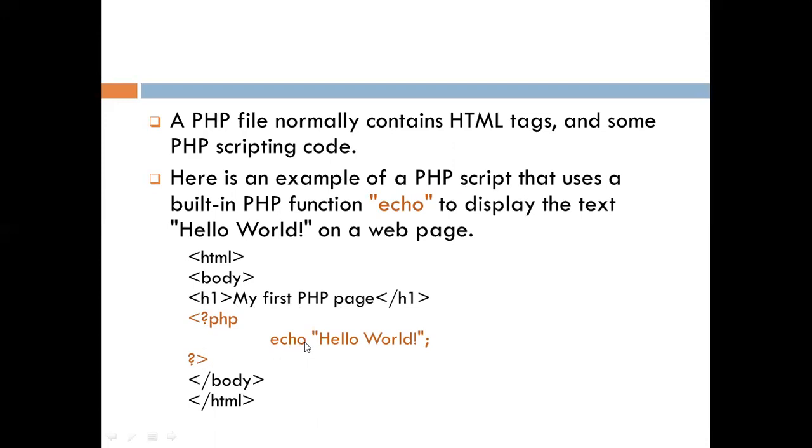Here I'm going to print one statement, hello world, using the echo statement. Echo works like the printf function in C. Close your body tag and HTML tag. We will execute this in our Notepad file.